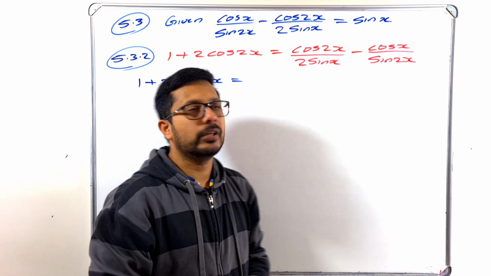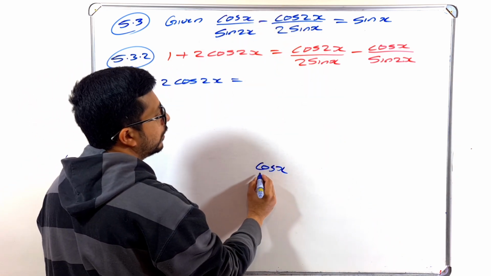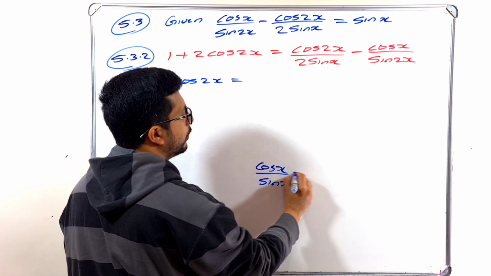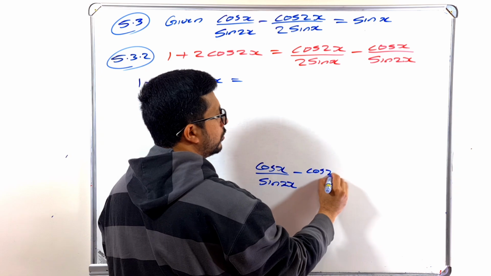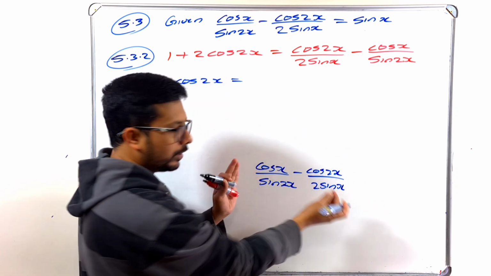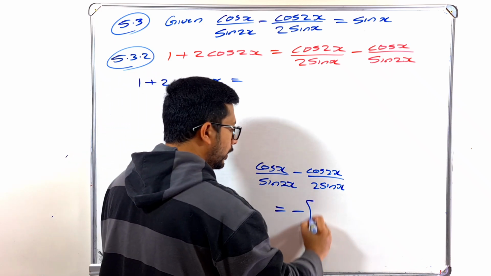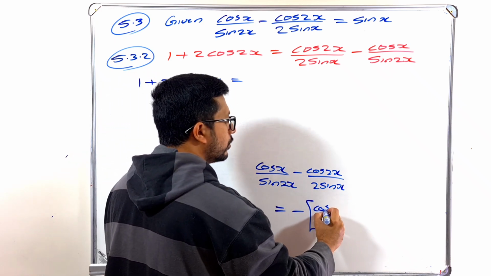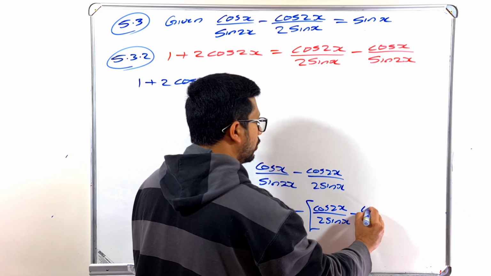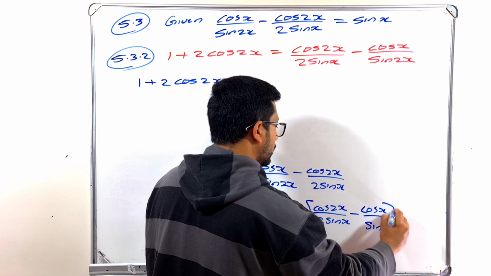So what can you do? Swap it around. I have to take a minus common factor. Then I can write cos 2x divided by 2 sin x minus cos x divided by sin 2x.